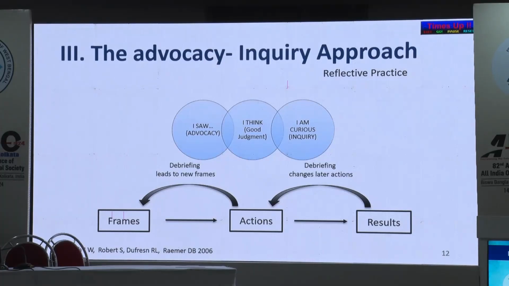And these people who stand for this model say that you should lead your mentee in the good way, and say that I think that if you had, for instance, filled your anterior chamber with a bit more viscoelastic, it would be easier for you to complete your rhexis. I am curious, and this is the inquiry, why you didn't do that?